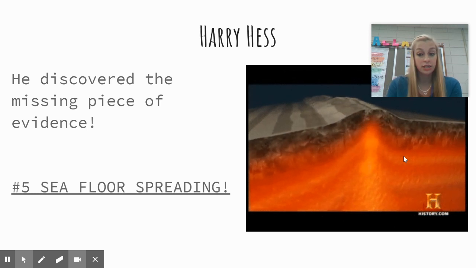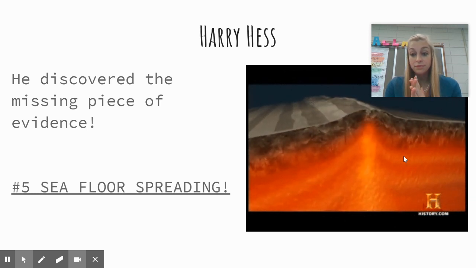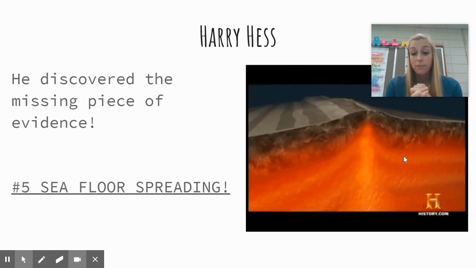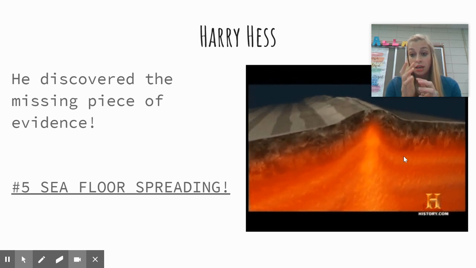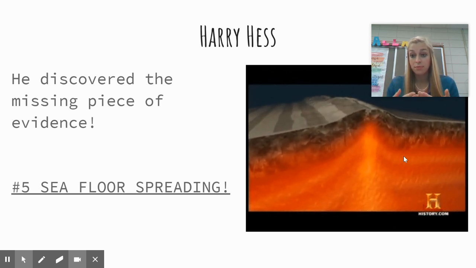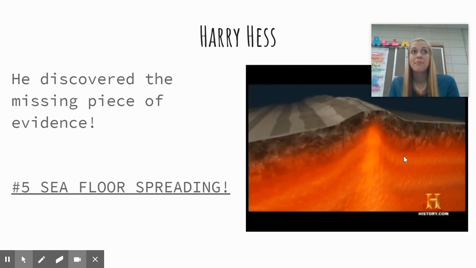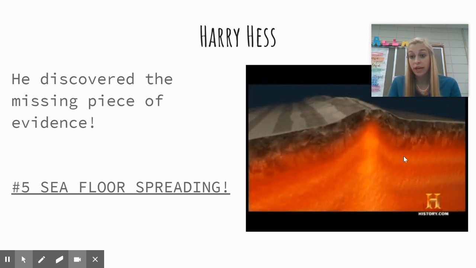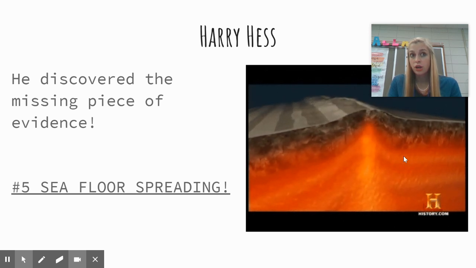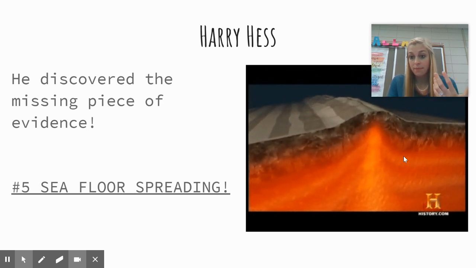I don't know if y'all have heard of this or not, but it's actually really cool. There are places in the ocean crust where lava comes up. That shouldn't be too crazy to you because you know that Hawaii was formed from volcanoes, from lava. So there are places where lava comes up.